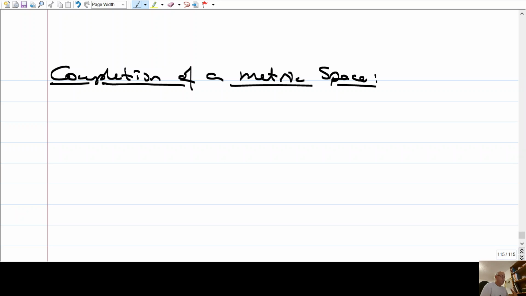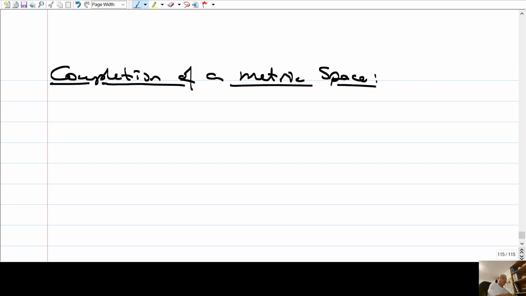If you are given a metric space, if it is not complete, then you can repeat what you do for rational numbers and obtain a metric space which is complete and contains the original metric space as a dense subset. And we call that metric space a completion.